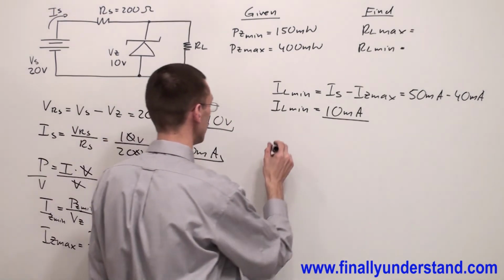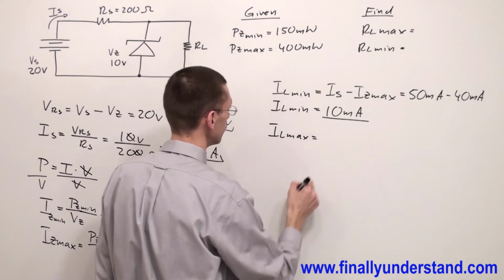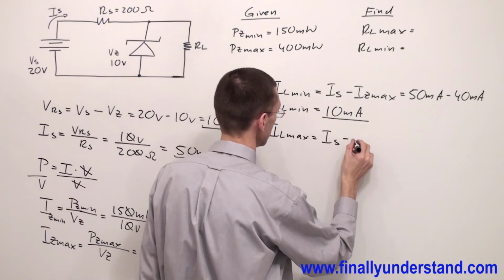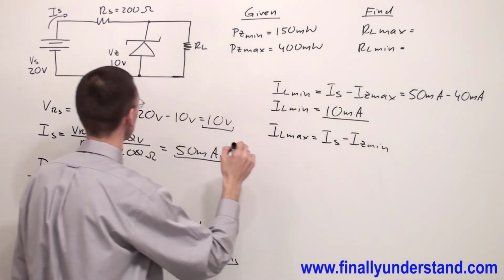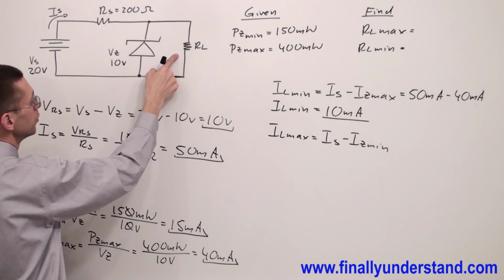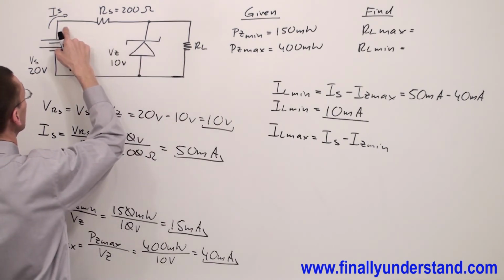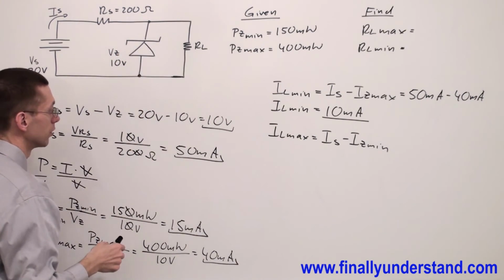Next, I'm supposed to find the maximum current through RL. In order to get the maximum current which goes through this resistor, you're supposed to subtract from the source current the minimum current which goes through the Zener diode.